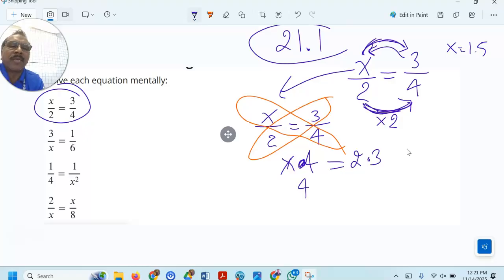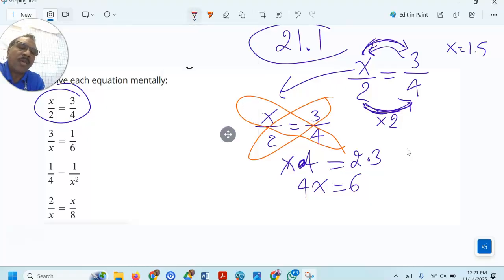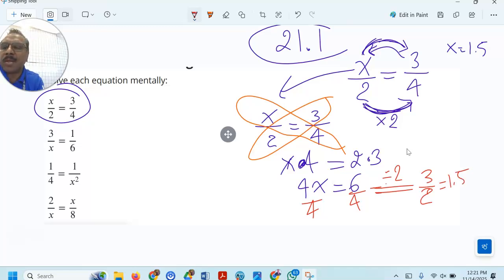So that is 4x equals 6. And then you divide by 4. Just a regular problem solving equations in earlier classes. So that way you get this. And 6 over 4, we can divide by 2 both sides. This answer will reduce to 3 over 2. And we know 3 over 2 is 1.5 when you're done. So that's all about the first.